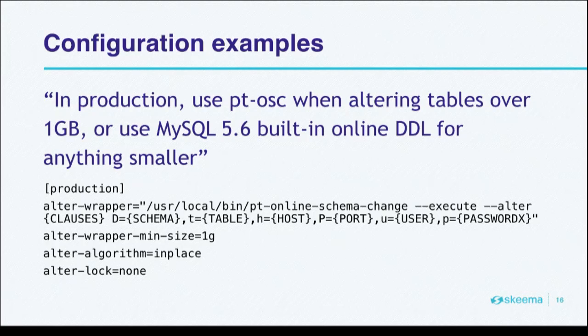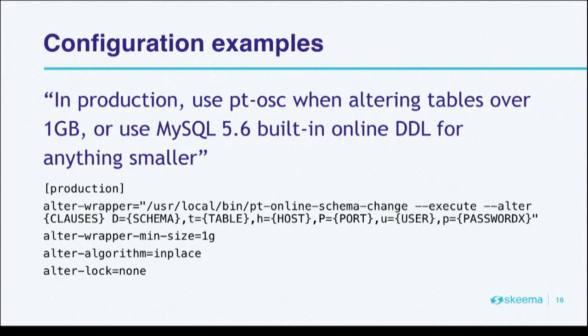But the main reason for supporting this is that I don't know how many of you have used the built-in algorithm equals online or lock equals none support in MySQL 5.6 and up. It's really cool they added support for this so that doing an alter no longer blocks writes, but replicating the alter still is a problem that can cause replication lag.